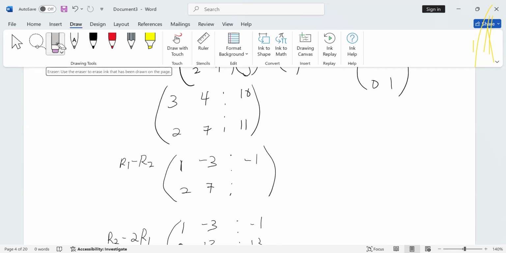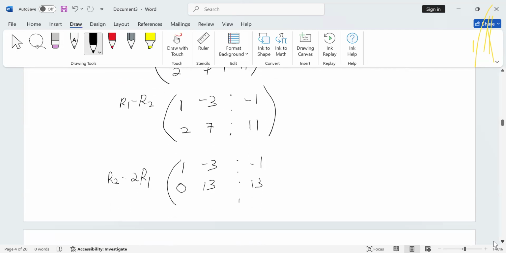One did not change. This one changed, but this one did not change, so this is 11. So we have R2, which is 11, minus 2 times R1. 2 times R1 is 2 times minus 1, which is minus 2. So you have 11 minus 2, which will give you 9.